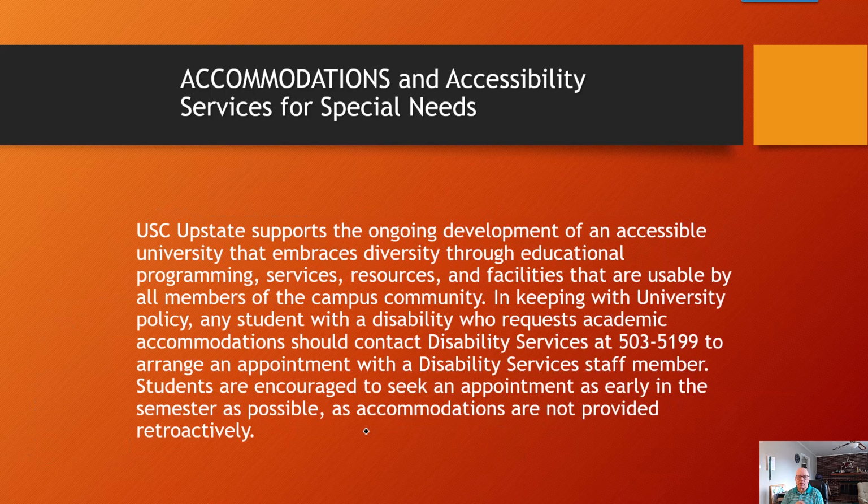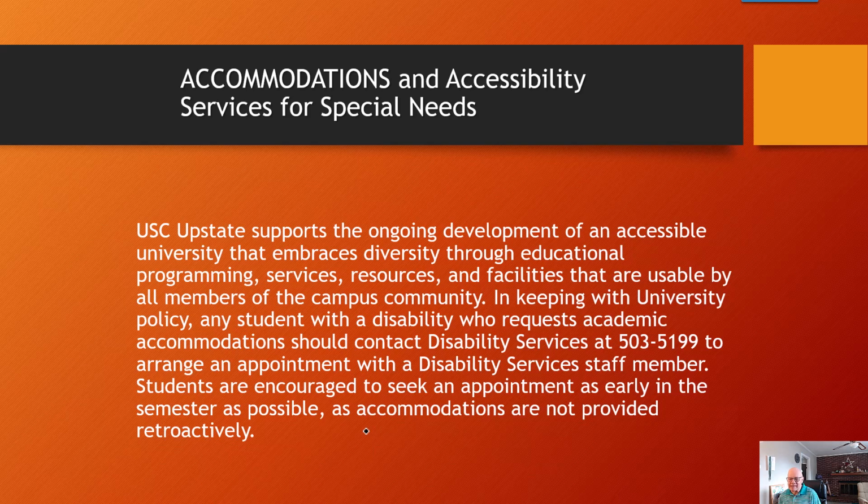Next, if you need some special accommodations, if you need extra time, if you need extra technology or whatever, contact Disability Services immediately. I think this is the right number, 503-5199. Also keep in mind that in addition or even before contacting Disability Services, check with me.